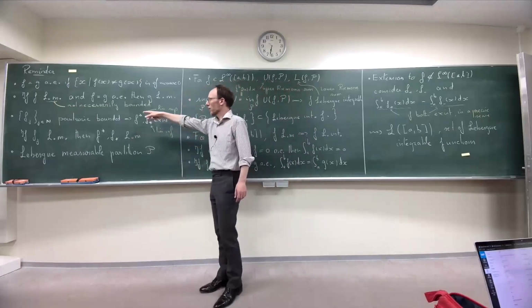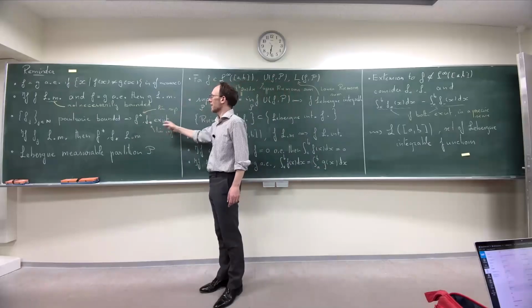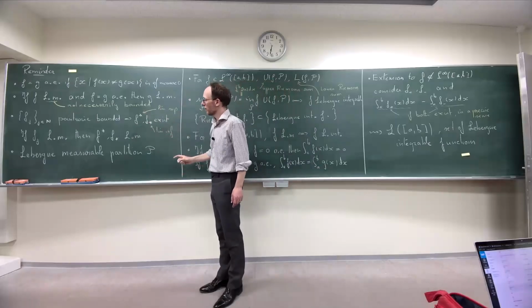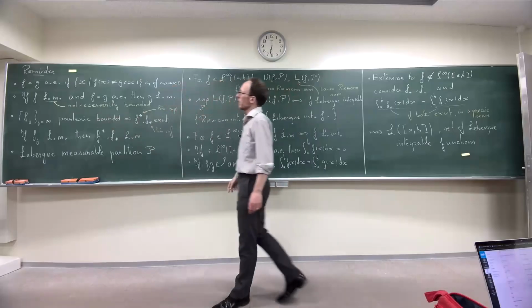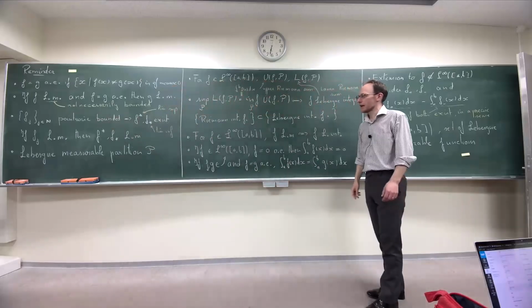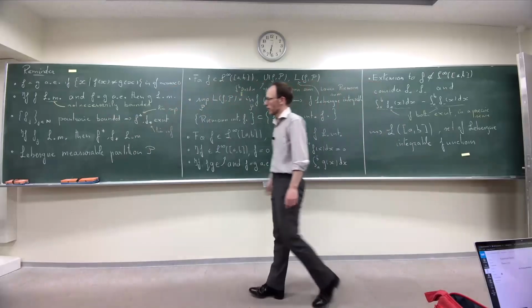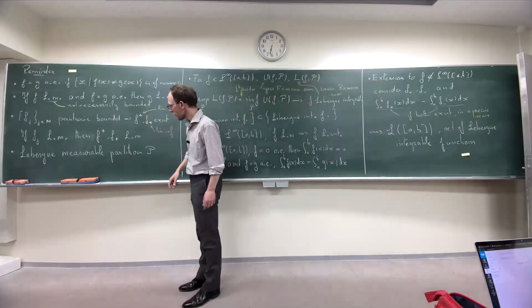Whenever you have a bounded set like this, these two functions exist. And it turns out that if all f_j are Lebesgue measurable, then the lim sup and lim inf are also Lebesgue measurable. This is important.